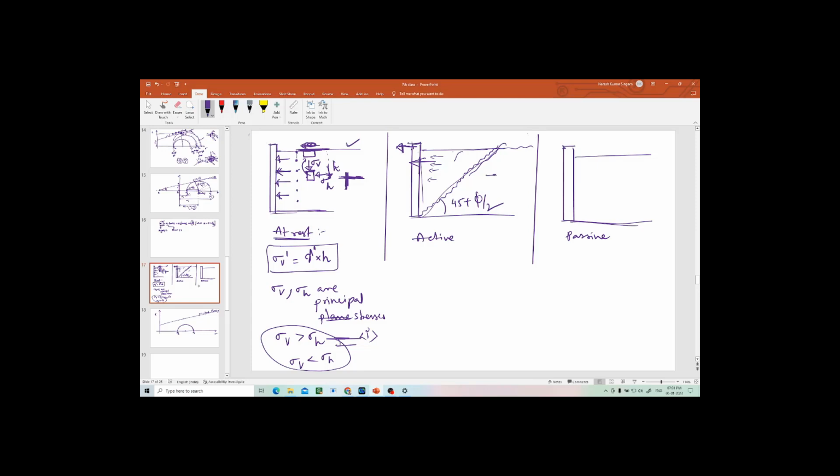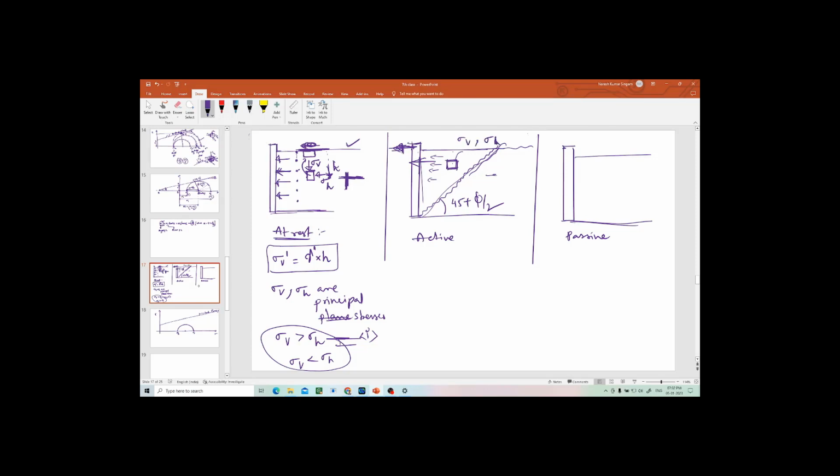Now can somebody tell me, suppose I considered this element initially, let us say this is the element initially at this point. Because of the movement of the wall away from the soil, sigma v and sigma h are there.